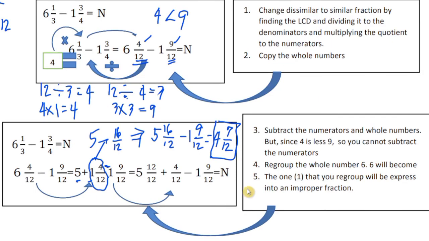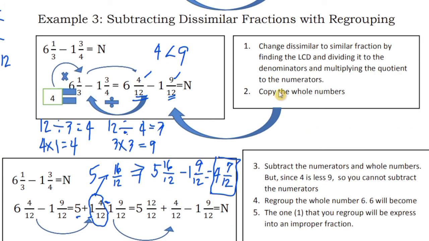Okay, so the procedure that we have, we're going to recap everything in this example. Change to similar fractions by looking for the LCD from the LCM. Copy the whole numbers, which we have copied already previously.